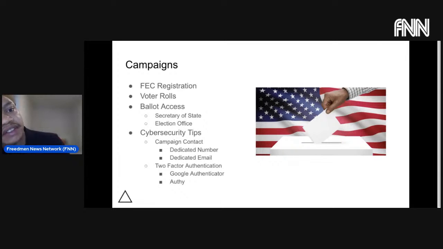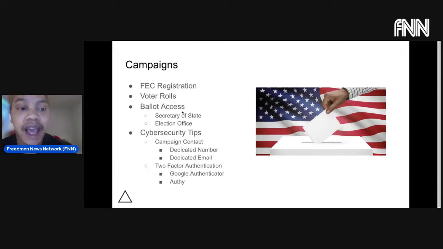On the campaign side, once you register with the FEC, you'll be able to access information about voter rolls for your election, for your campaign. So information on who is in your district or who is in your state, get their numbers and contact information so you can actually reach out and do on the ground campaign work.